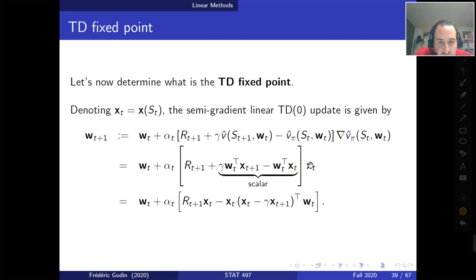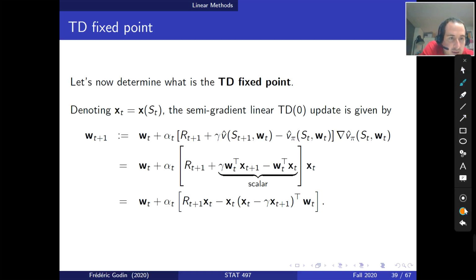The gradient here is just that vector x_t. And the approximated value functions we can express in terms of the feature vector times the vector of parameters.